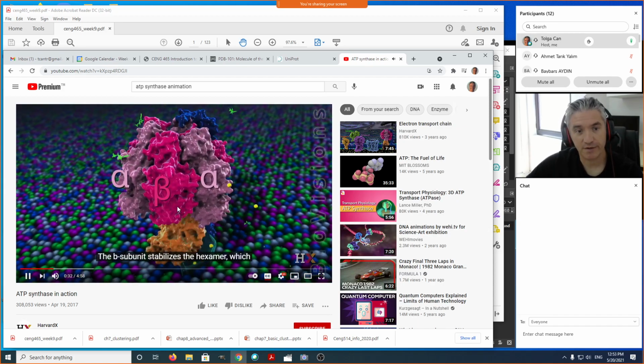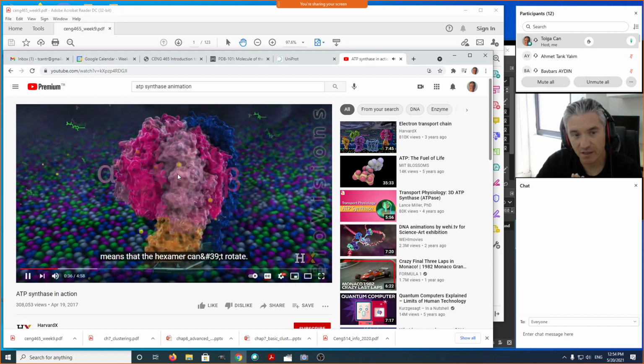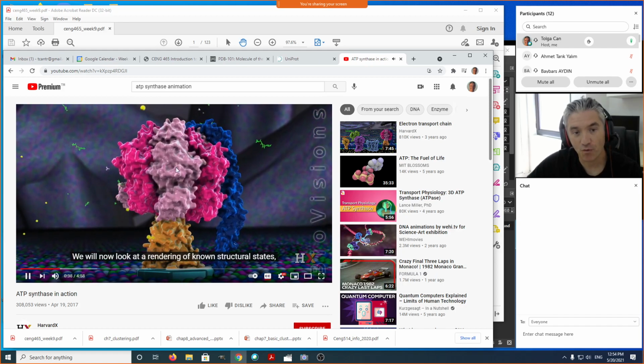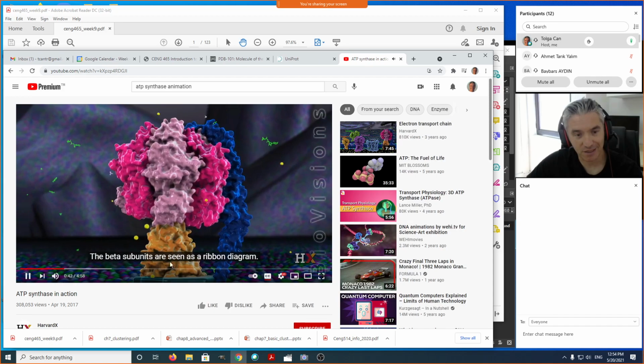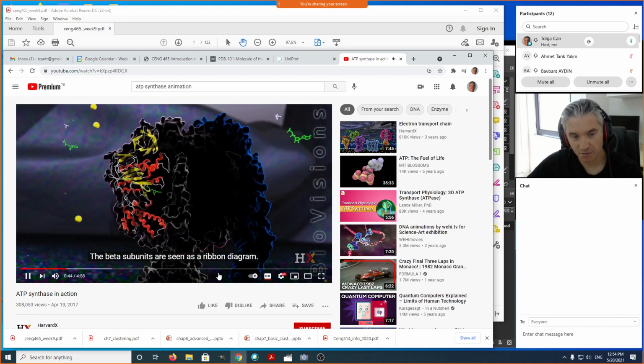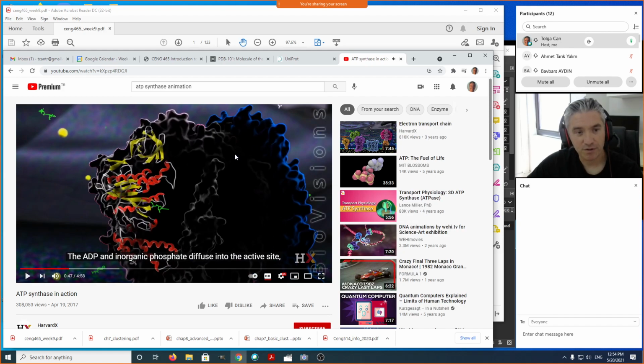The B subunit stabilizes the hexamer, which means that the hexamer can't rotate. We will now look at a rendering of known structural states and the conformational changes that are happening. The beta subunits are seen as a ribbon diagram. The ADP and inorganic phosphate are shown as a cartoon representation. When you look inside, this is also a cartoon representation of the same protein chain. You see certain regularities, certain local shapes.